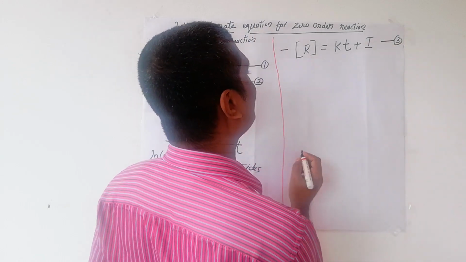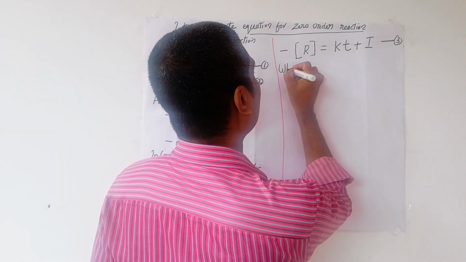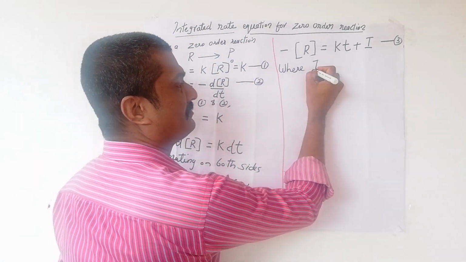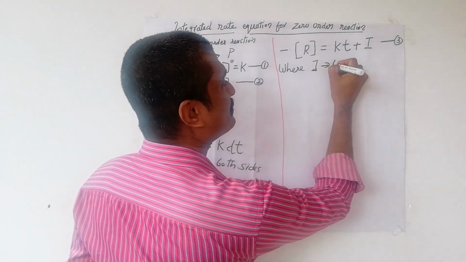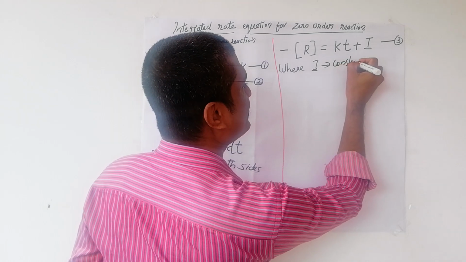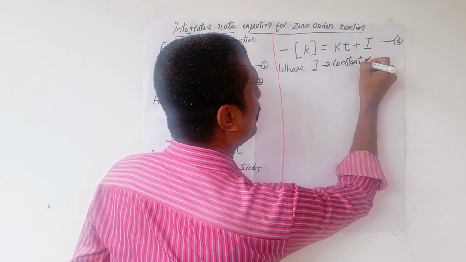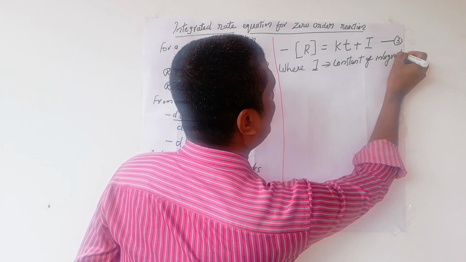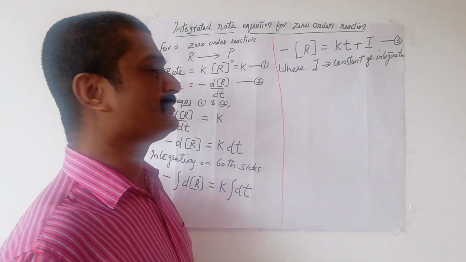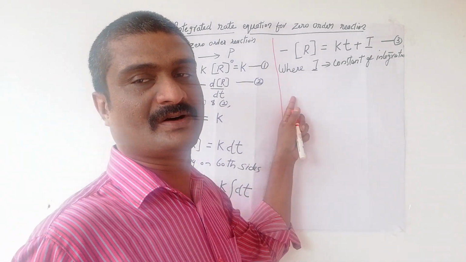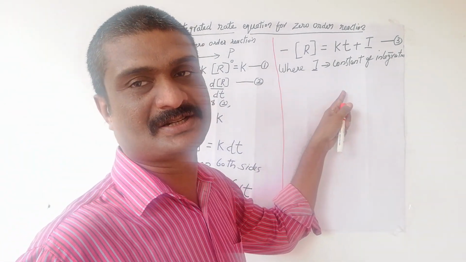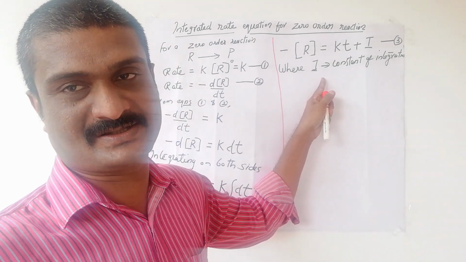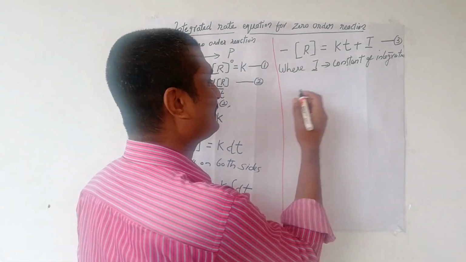Equation 3, where I is the constant of integration. The value of I can be calculated from the initial concentration of the reactant.